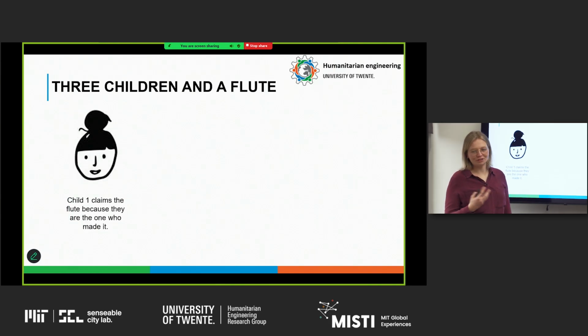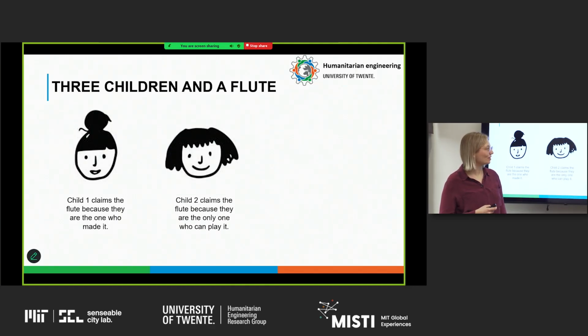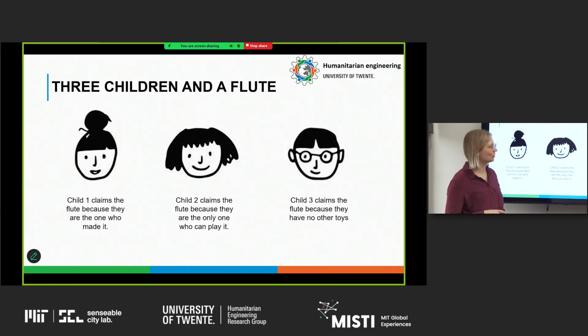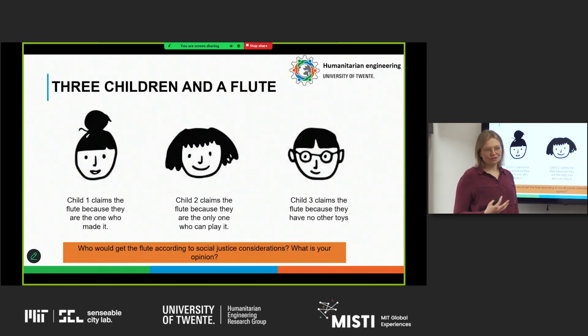Every child wants to have the flute. The first child claims it because they made it. The second one claims it because they want to play it. The third one claims it because they don't have any other toys. Now, according to what you've learned about social justice and maybe also your own experiences, who do you think should get the flute? What is your opinion?